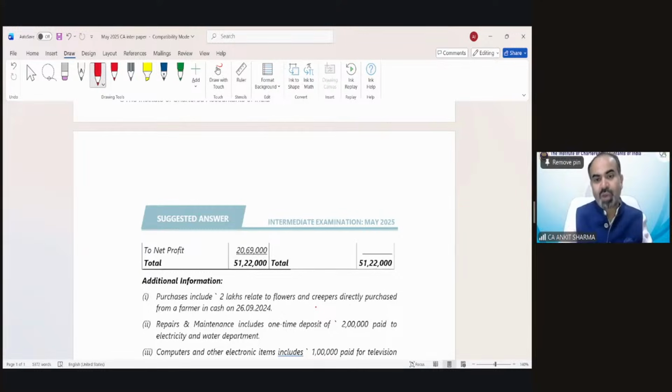Purchase includes 2 lakh related to flowers and creepers directly purchased from a farmer in cash, on 26 September 2024. The payment has been made, 2 lakh rupees. So is it allowed or disallowed, students?